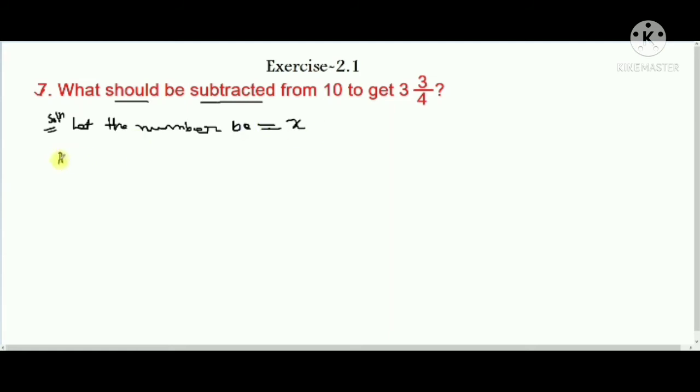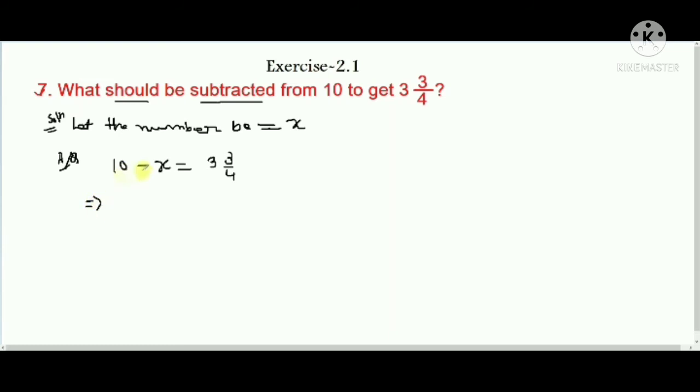Okay, so according to the question, what should be subtracted from this 10. So we will subtract x from this 10, 10 minus x, and then we have to get 3/4. So here will be 3/4. Okay, and then simplify it.